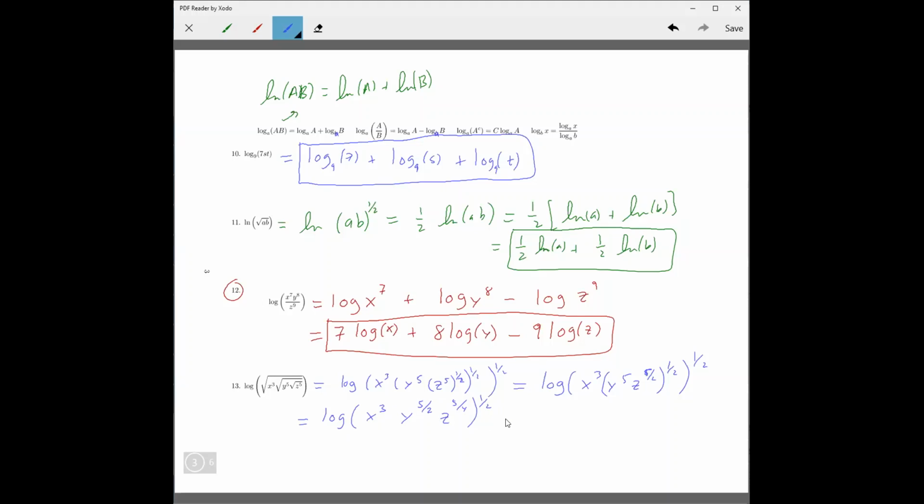Now we'll distribute this 1/2 into everything. So that's x to the 3/2, y to the 5/4, and z to the 5/8. Now it's all times, so it's going to be the log of the first one plus the log of the second one plus the log of the third one.